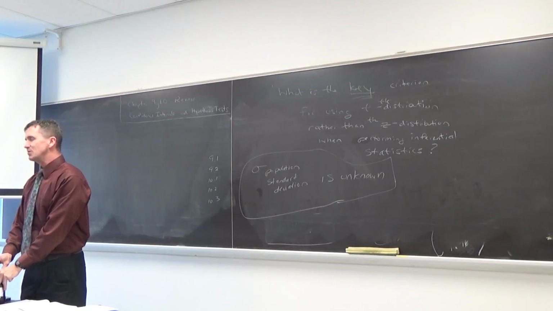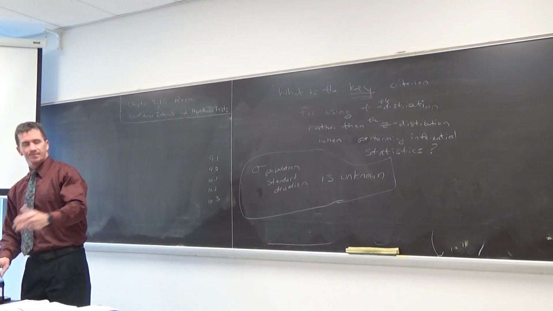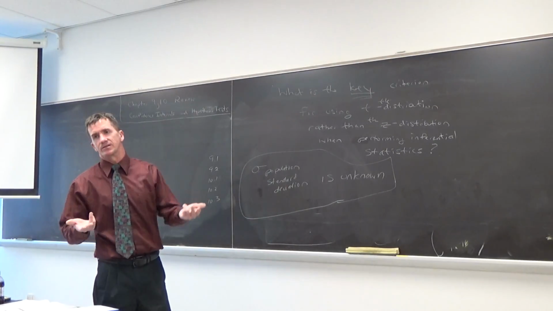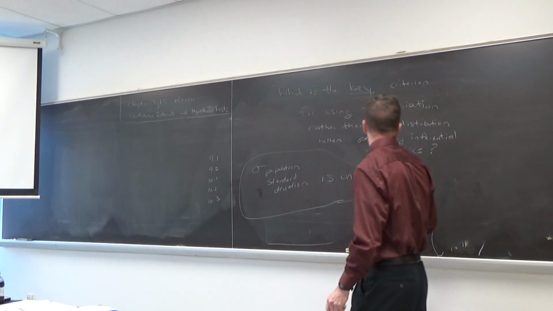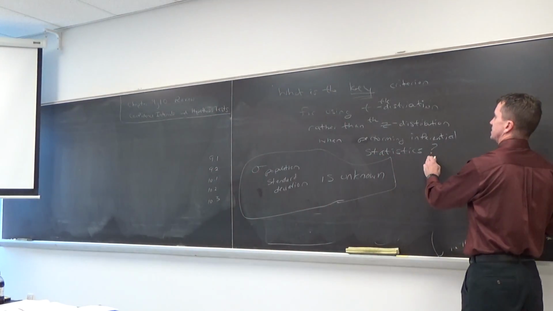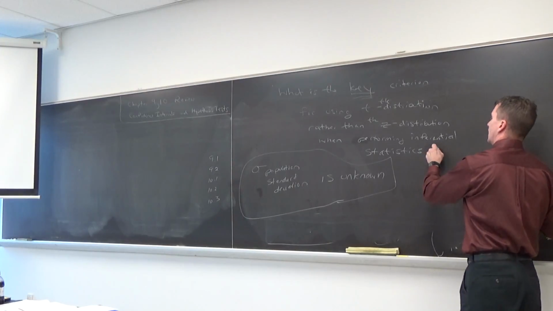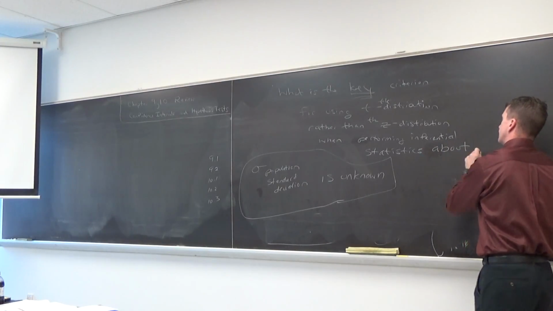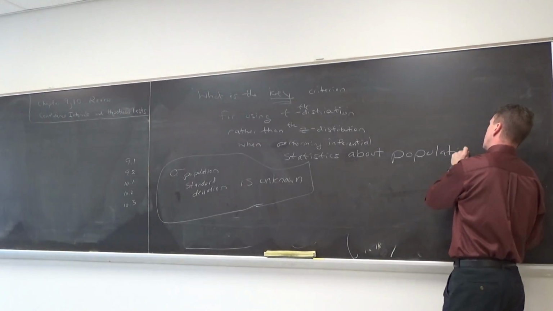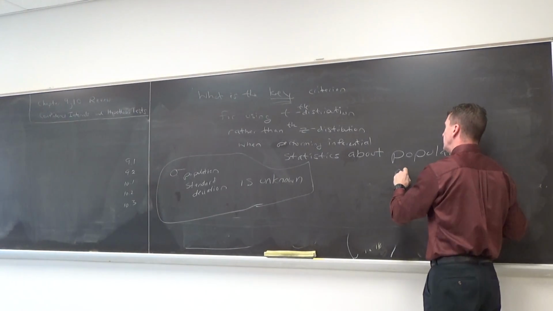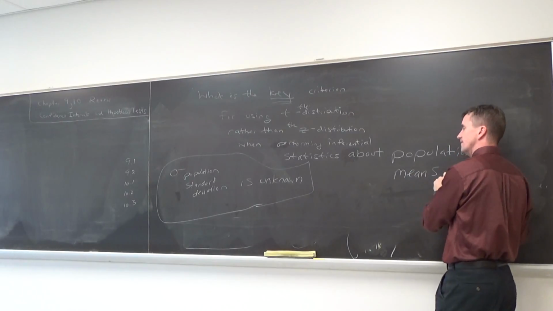That was the key criterion. It made us use t rather than z when we're doing inferential statistics about population means. Okay?